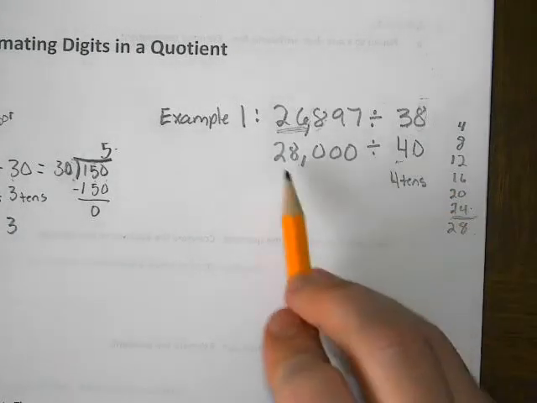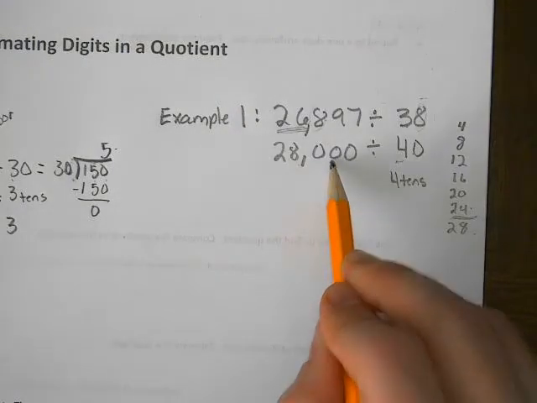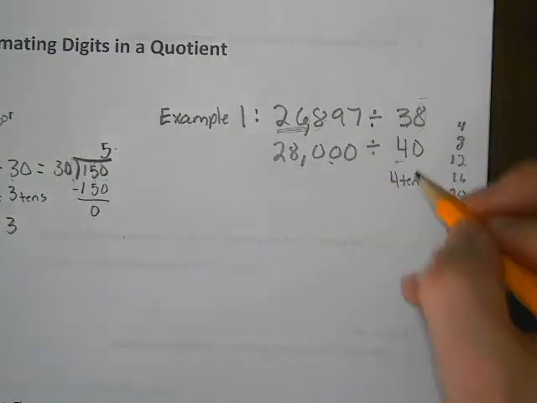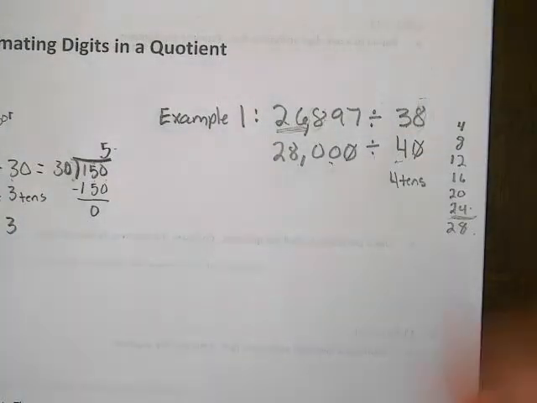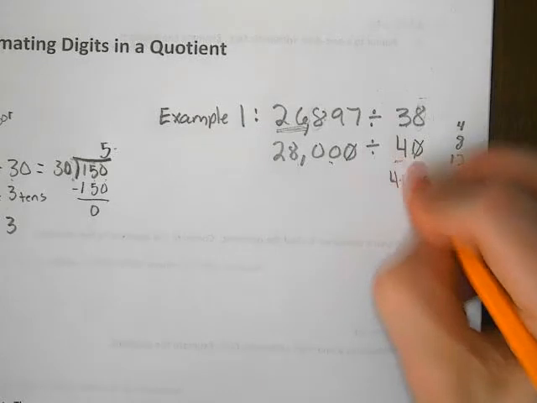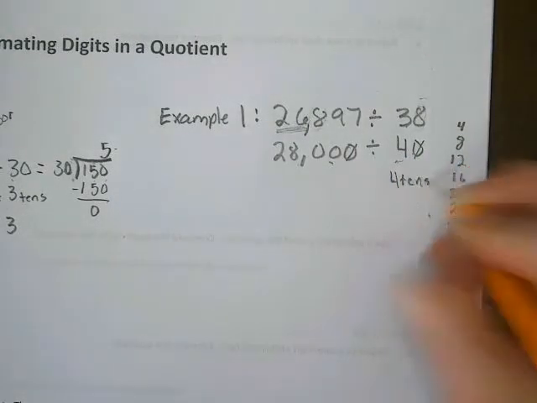And then how many tens do I have here? I have 2,800 tens. And what that is doing is I'm basically knocking off the ones place. And when I knock off that ones place, that's how I get what my numbers are.